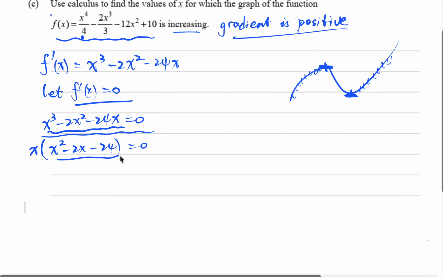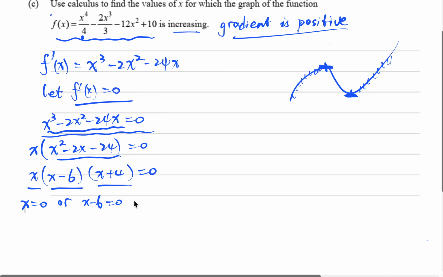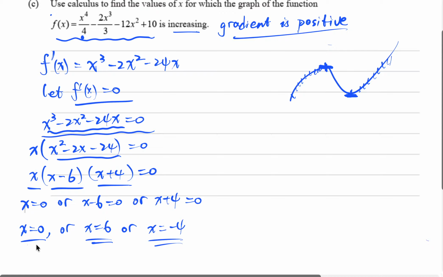I can factorize this again into two brackets: one is x minus 6, one is x plus 4. So x equals 0, or x minus 6 equals 0, or x plus 4 equals 0, which gives me three x values: x equals 0, x equals 6, or x equals negative 4. These three x values.